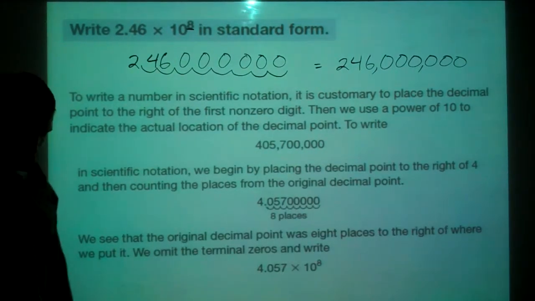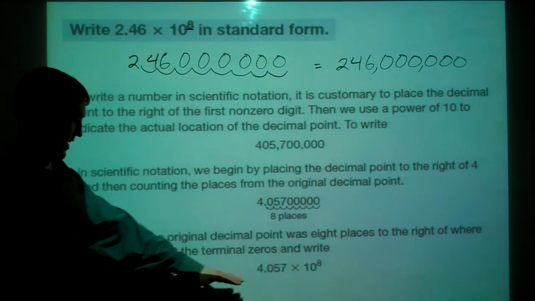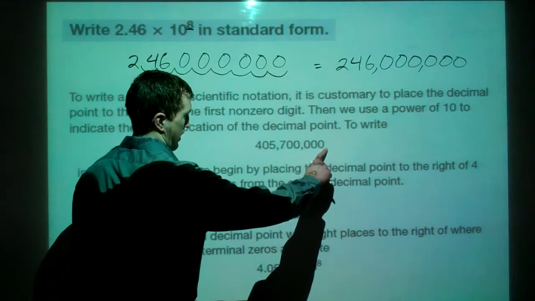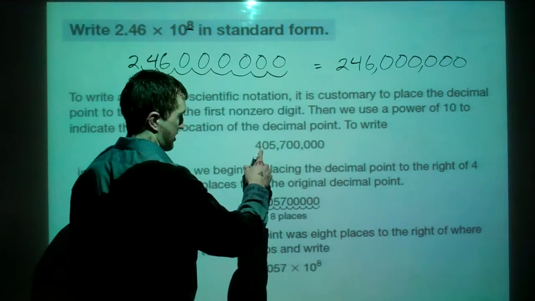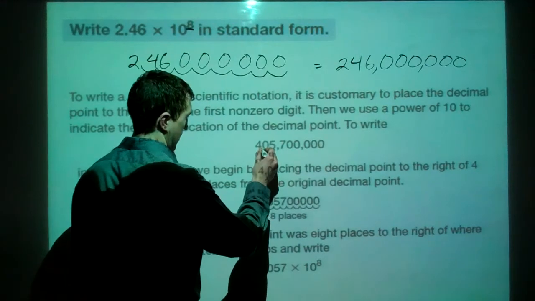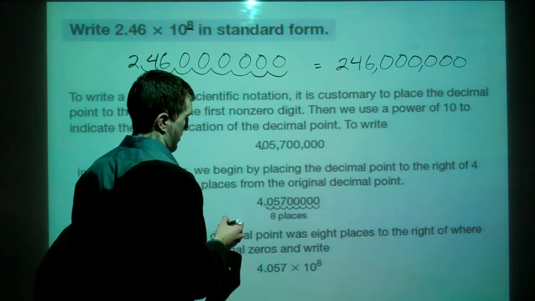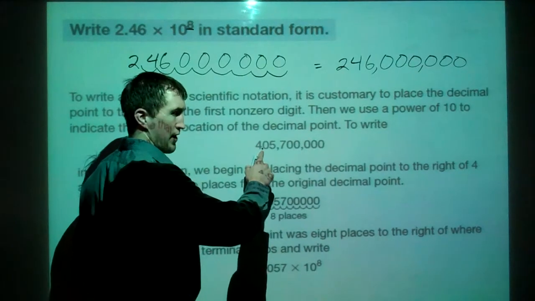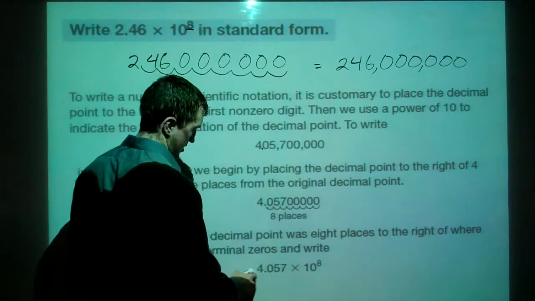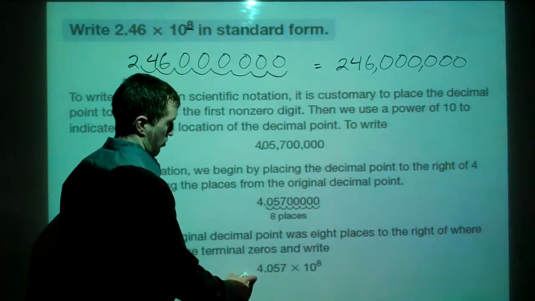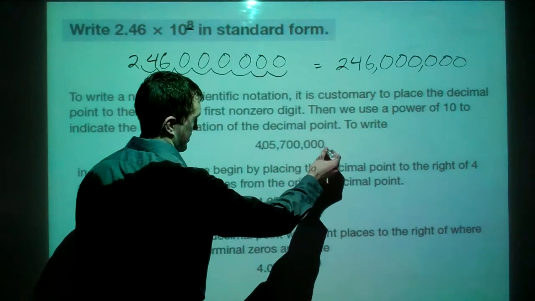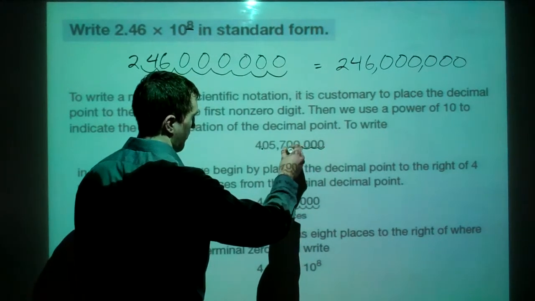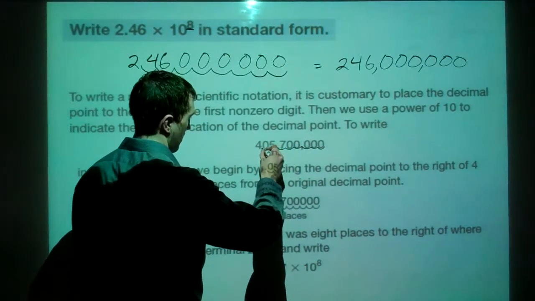So in order to change this into scientific notation, to get it down into this form, this is where our decimal is right now. We see how much it takes us to get back to this spot, because we want just one digit to the left of that decimal point. We want this number to be less than 10 but greater than 1. So we count how many spaces it takes to get there. 1, 2, 3, 4, 5, 6, 7, 8.